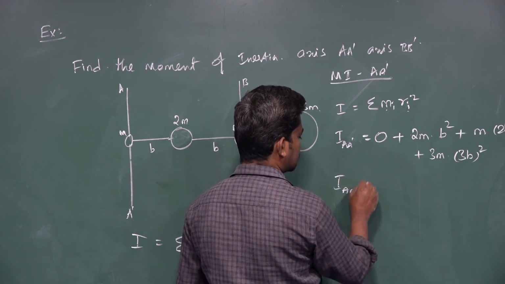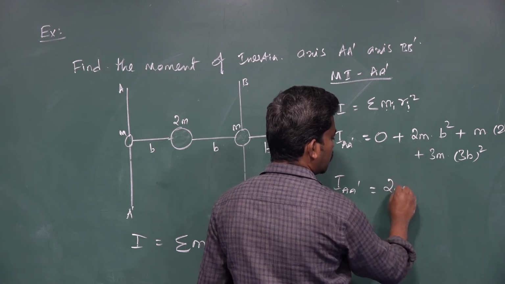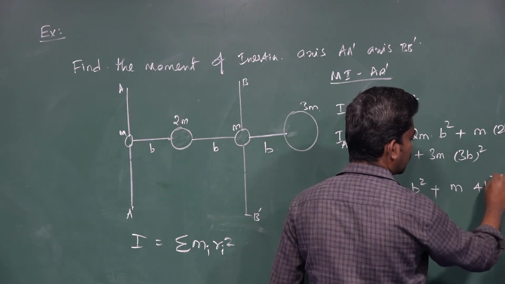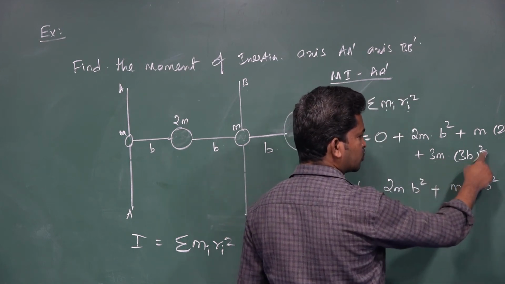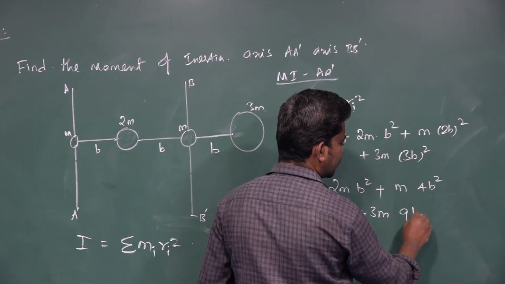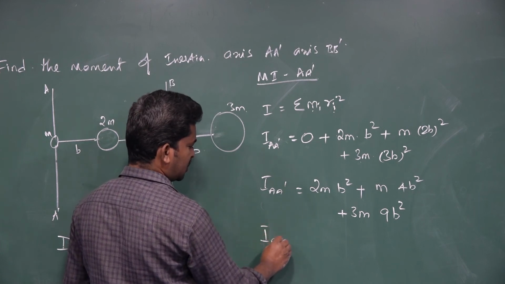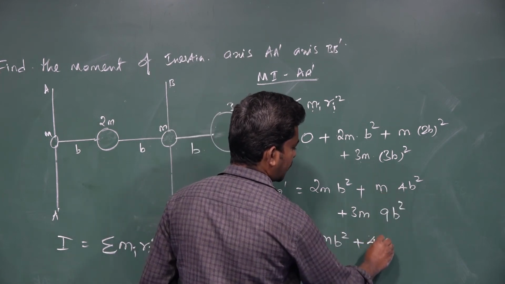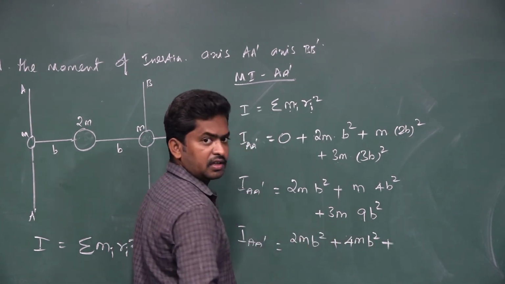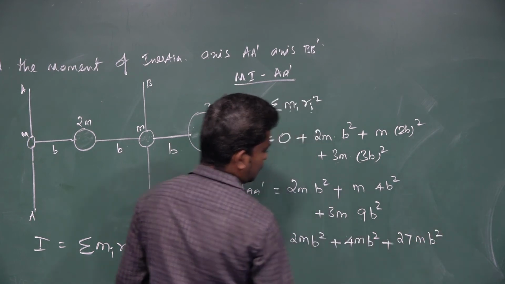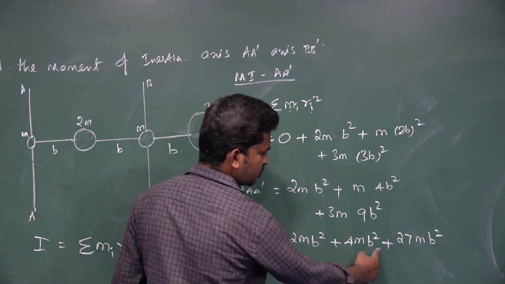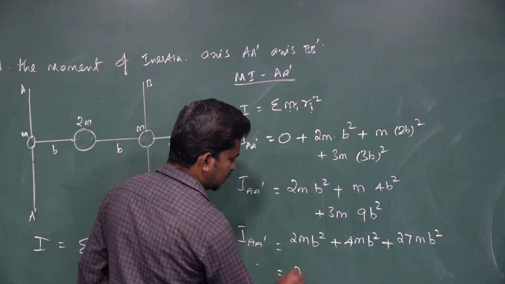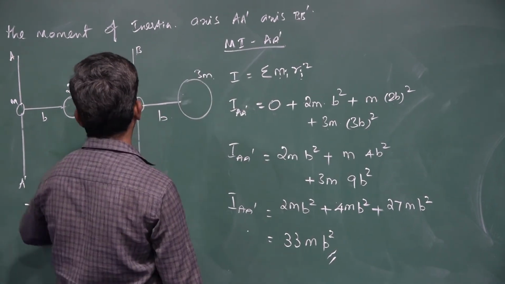So the moment of inertia about A dash is equal to 0 plus 2m b square plus m into (2b) whole square, so 4m b square, plus 3m into (3b) whole square, so 27m b square. 27m plus 4m is 31, plus 2m, 33m b square. This is the moment of inertia about axis A dash.